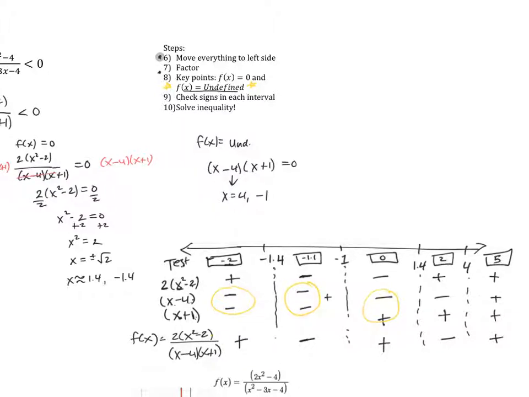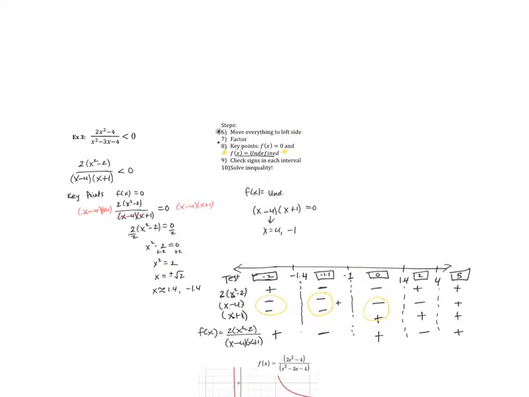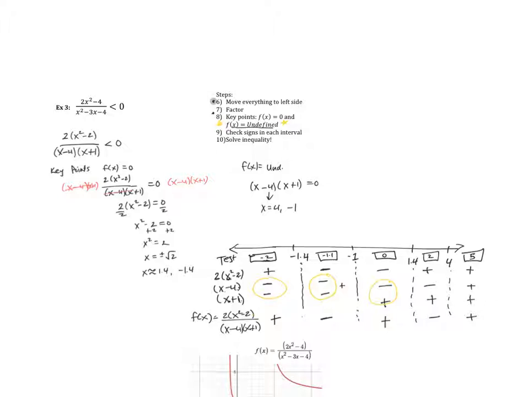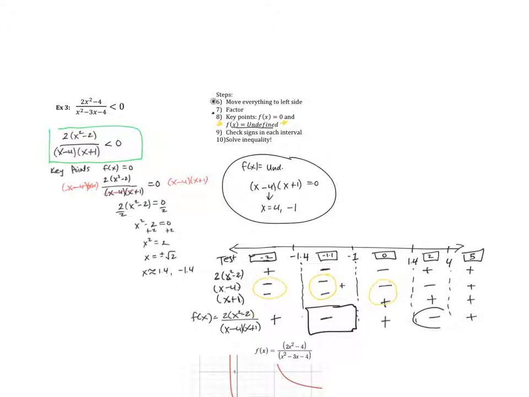Okay, and then we go back and look at what the question was actually asking me. Right in here: when is my output negative? So I have a negative in here. The undefined points were at negative 1 and 4, and negative is right in here as well.